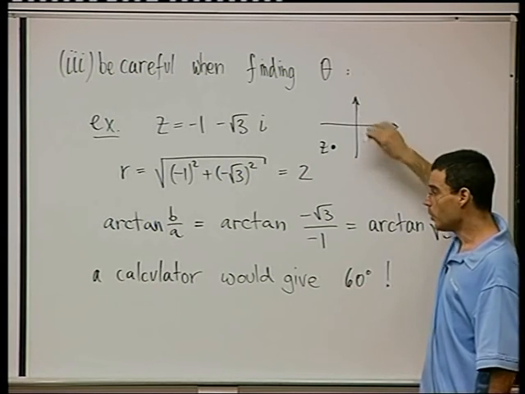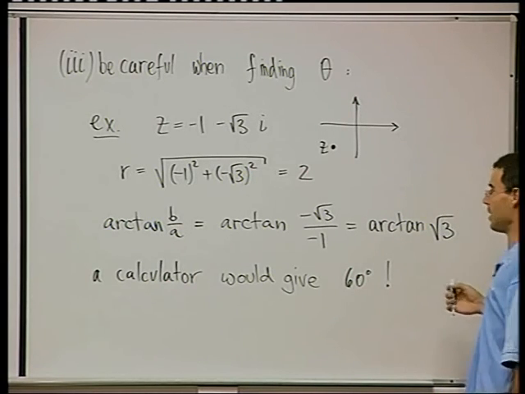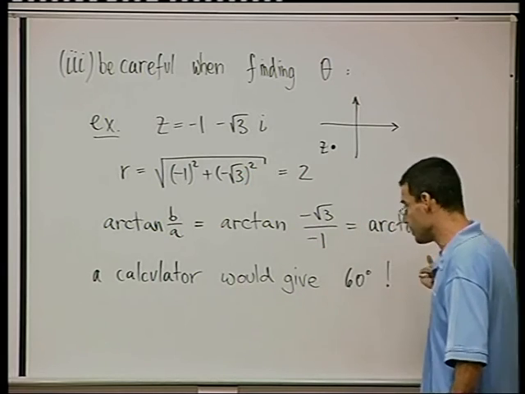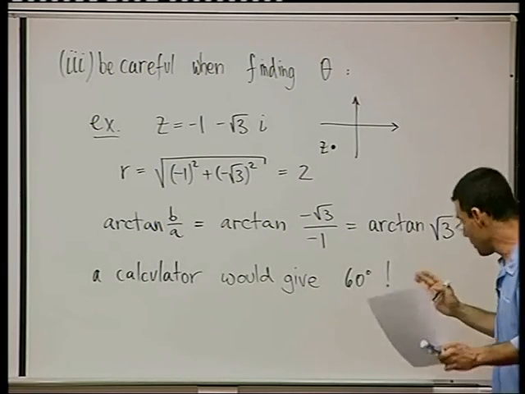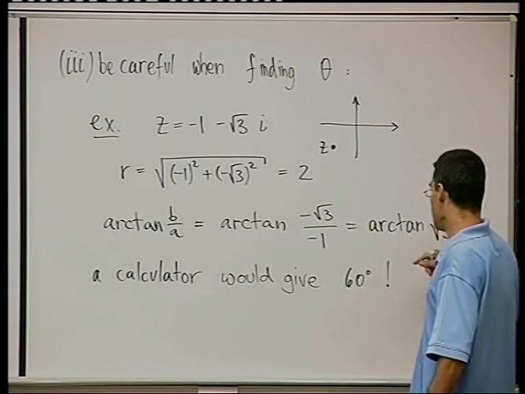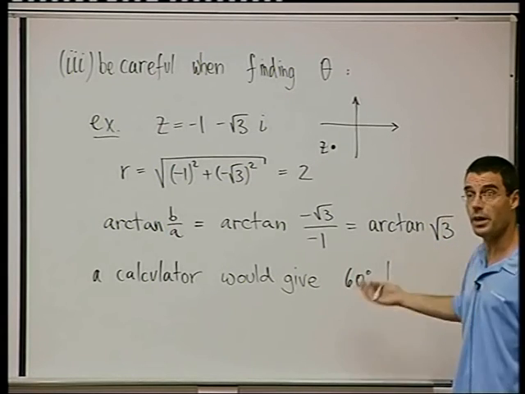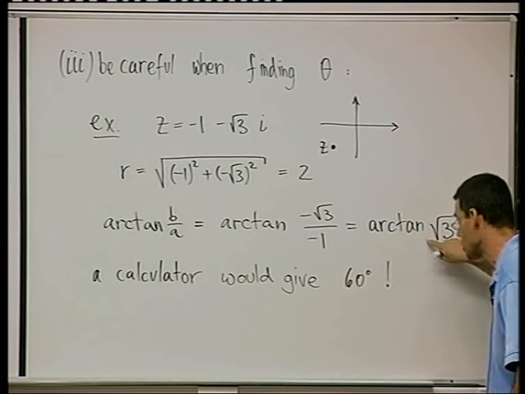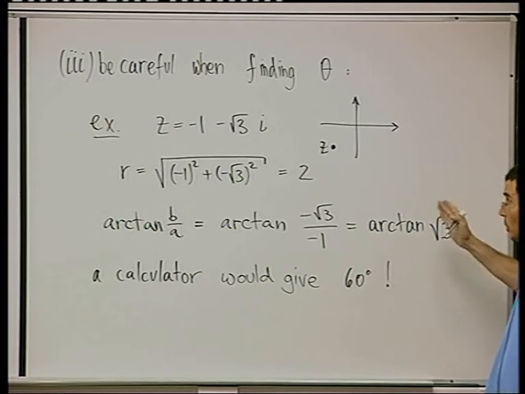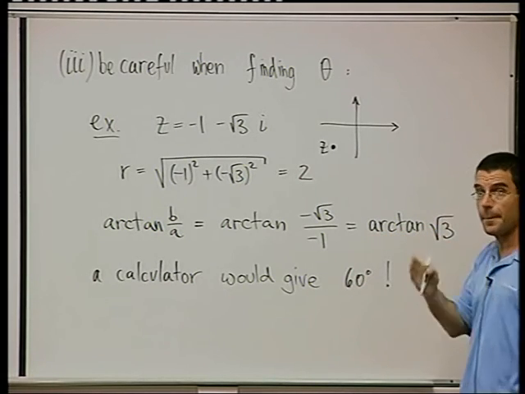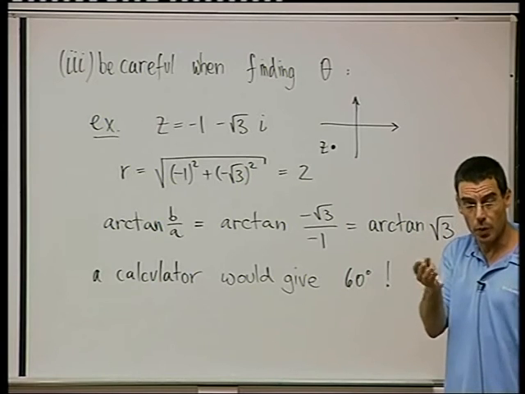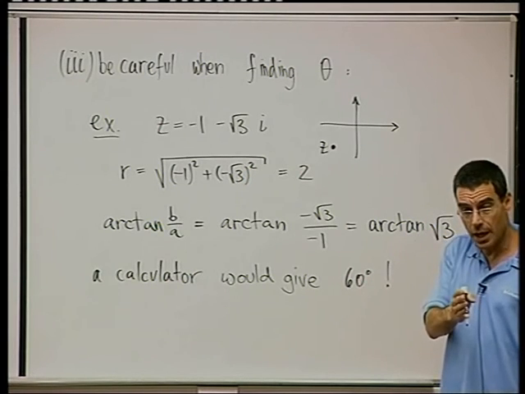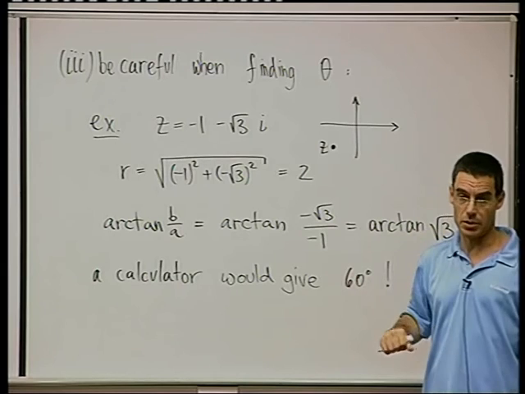Okay? So what went wrong here is that the function tangent, its domain, where it's defined in a one-to-one way, and where we invert it in order to obtain the function arctan, is only for angles between minus pi over 2 or minus 90 degrees to plus 90 degrees.